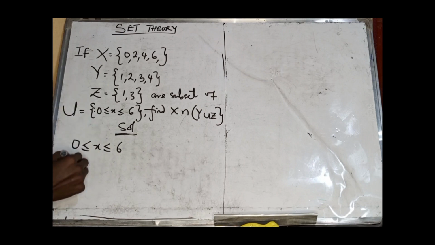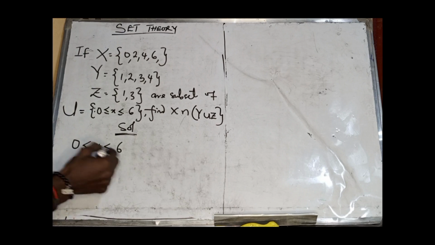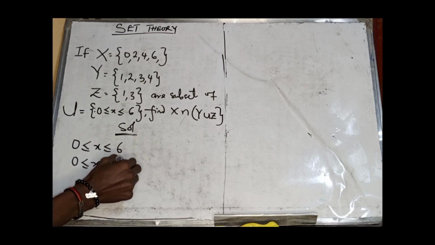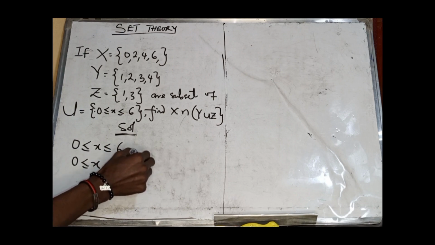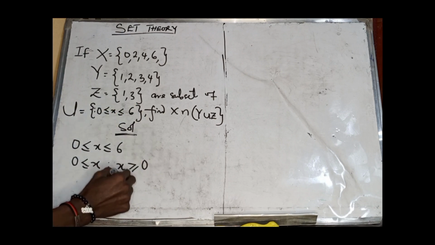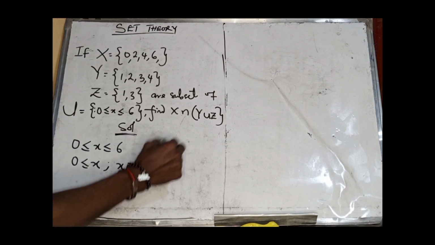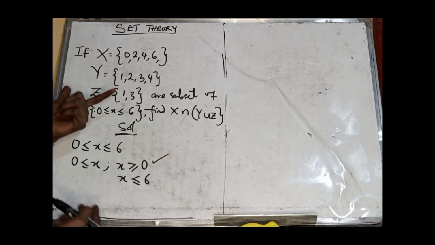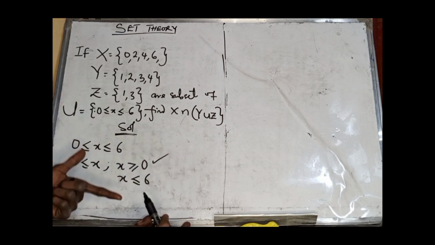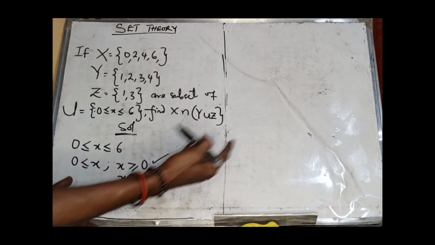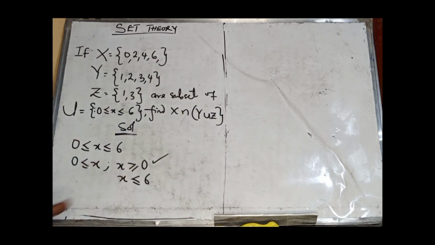This can be split in this form. If 0 is less than or equal to x, definitely we know that x is greater than or equal to 0. At the same time, the same x is less than or equal to 6. This one is indicating the starting point, and this is the point where it stops. This tells us where x starts from and where x stops as well.